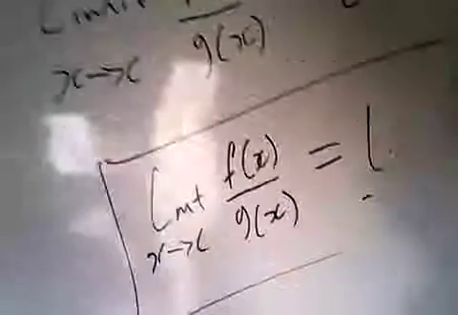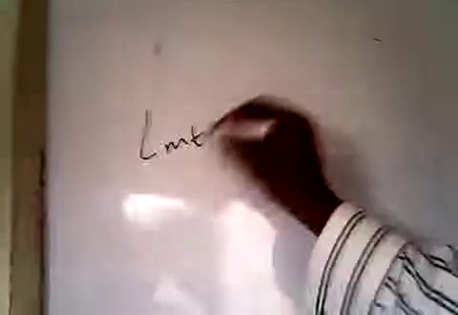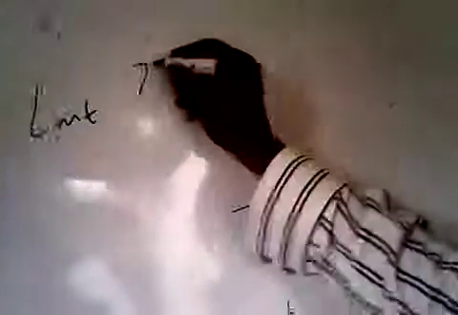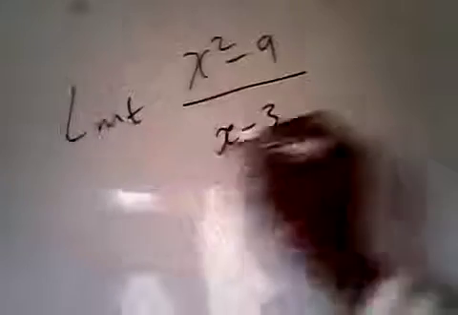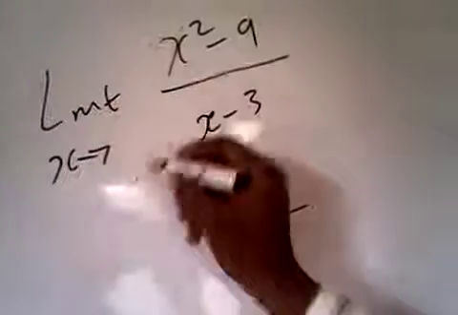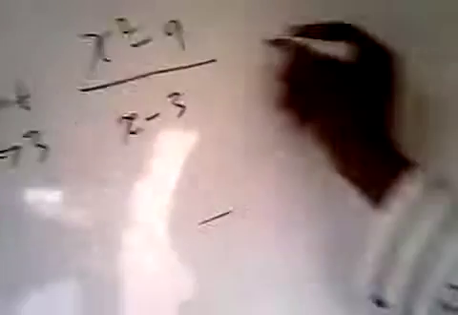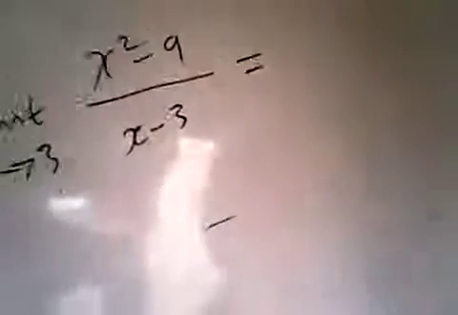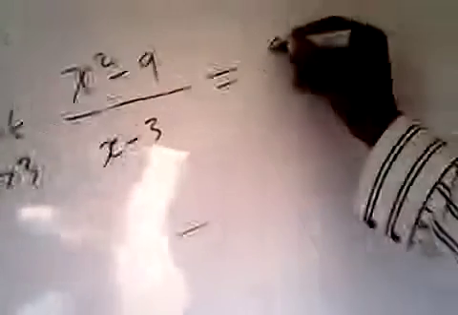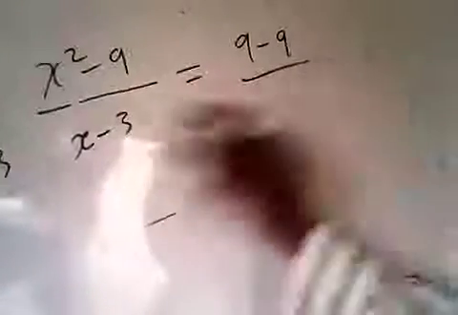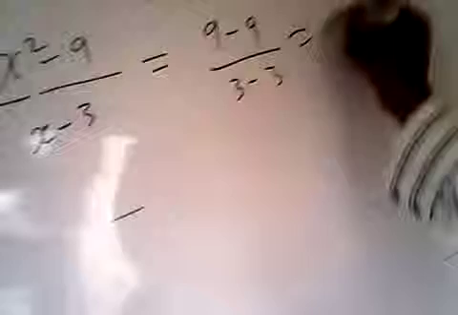Now let's take an example. If we have to find the limit of x squared minus 9 all over x minus 3 as x tends to 3. Normally, if we just put 3 in there, we have 3 squared, that's 9, minus 9 all over 3 minus 3, and that gives us 0 over 0.